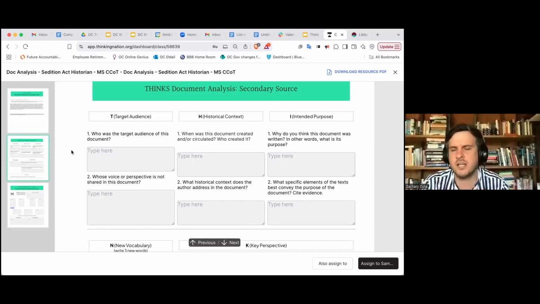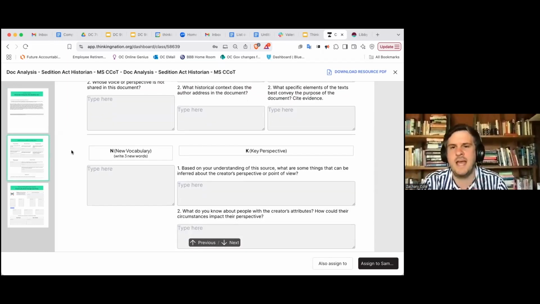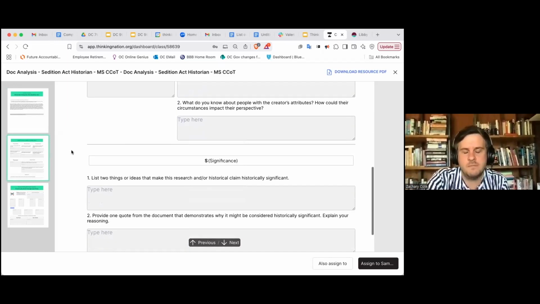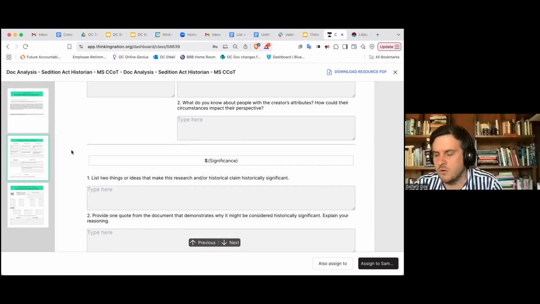We have T for target audience, H for historical context, I for intended purpose, N for new vocabulary, K for key perspective, and then S for historical significance. Now, when we created this protocol, we recognized that there are a ton of analysis protocols out there.